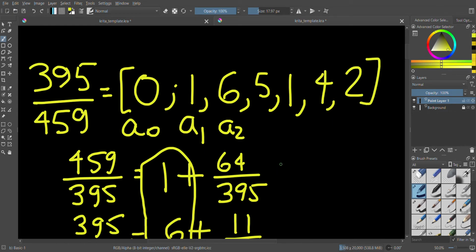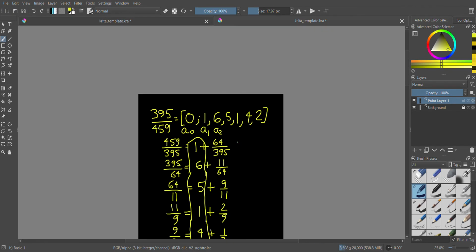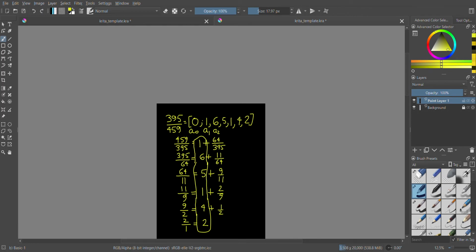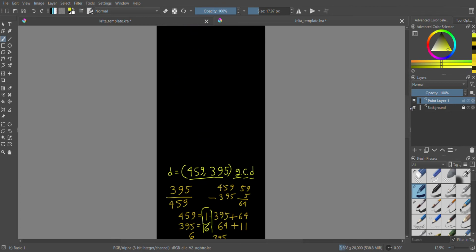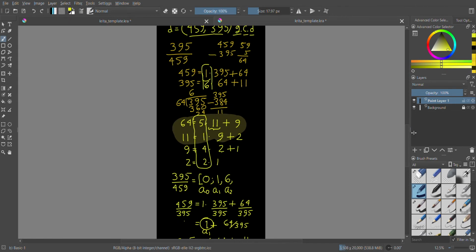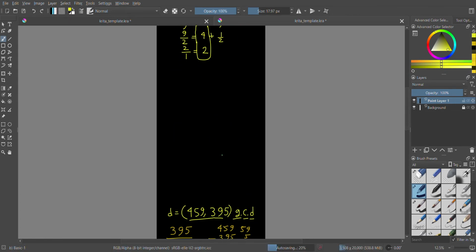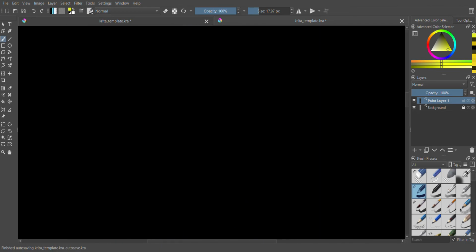And let me see if I have any space left over in this file. Got a little space right here and a little space at the bottom. So let's use this space right here in the middle. Yeah. So really, how you write this continued fraction is like this.